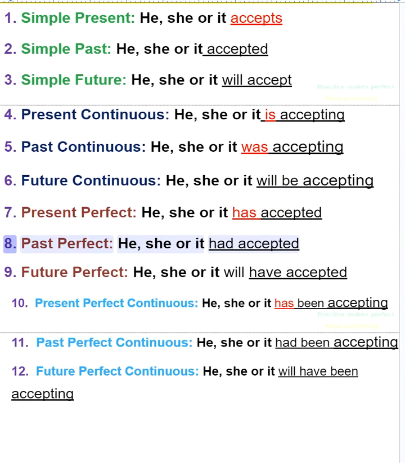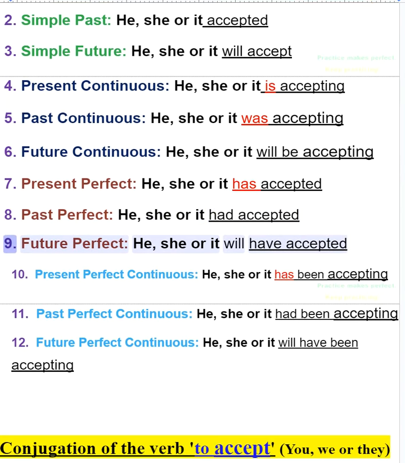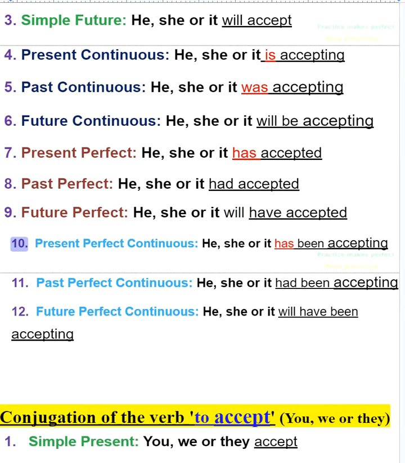8. Past perfect. He, she, or it had accepted. 9. Future perfect. He, she, or it will have accepted. 10. Present perfect continuous.